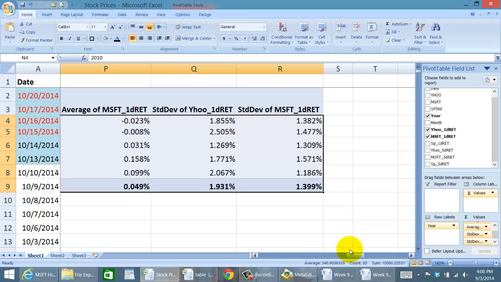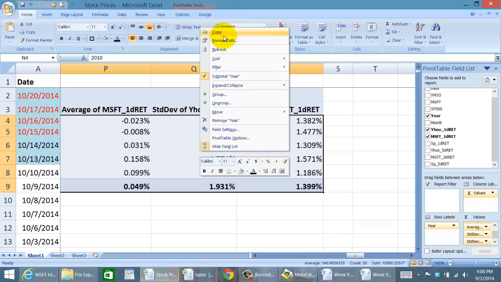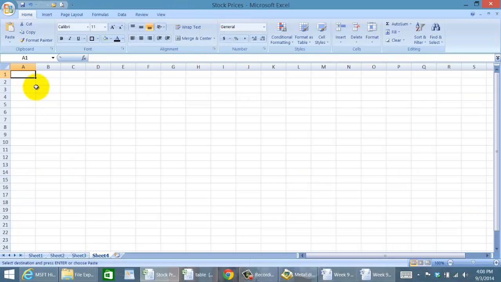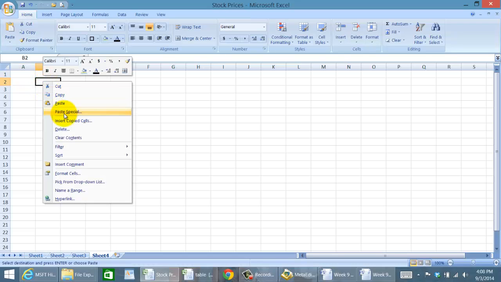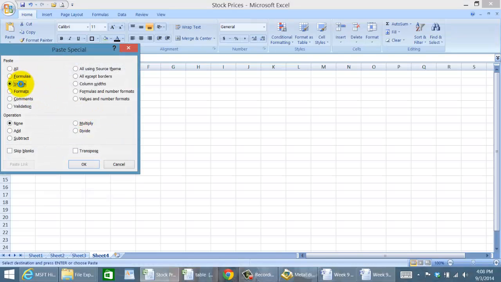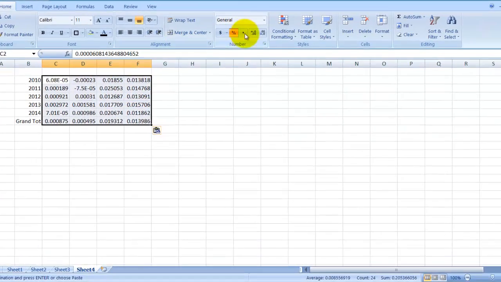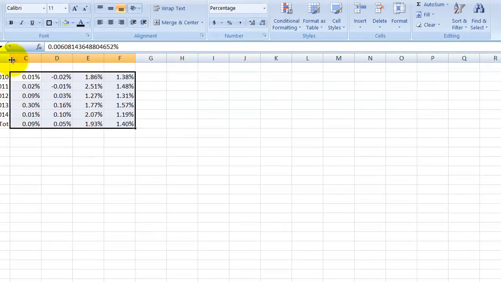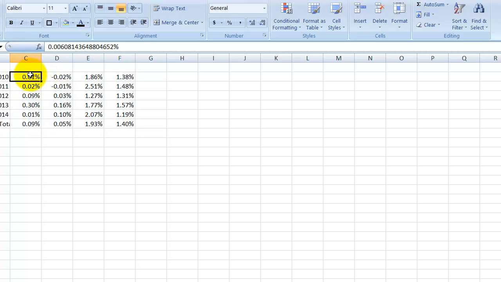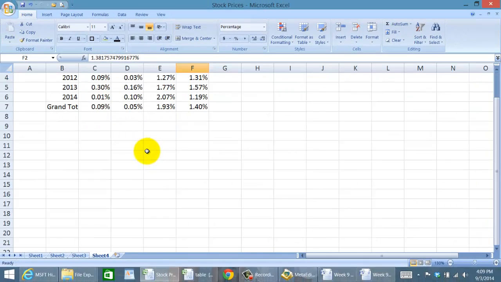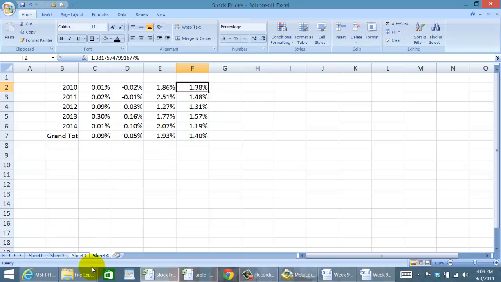So I simply select everything, I can copy it, I can throw it in a different sheet like that. And now I can do whatever I want. Of course you have to remember that here's the return for Yahoo, return for Microsoft, risk for Yahoo, risk for Microsoft, and yes, you can make a nice table the way you want.